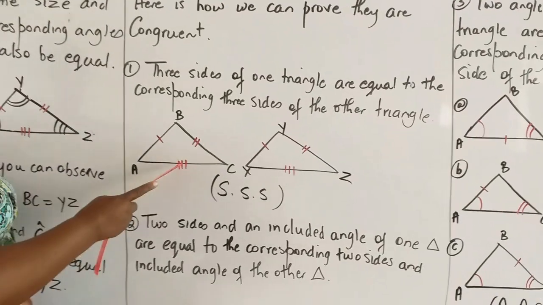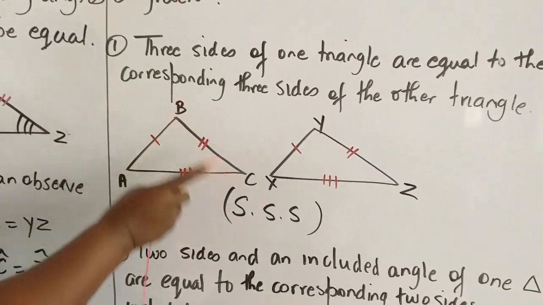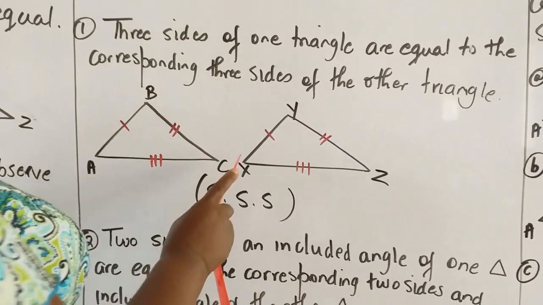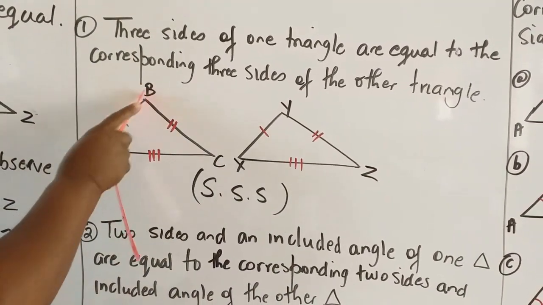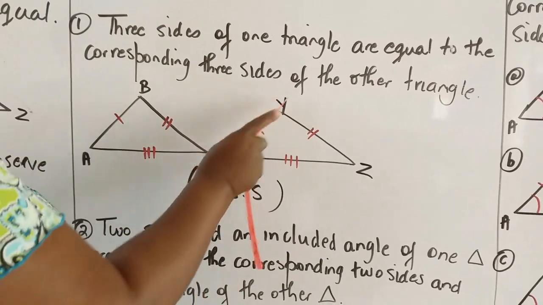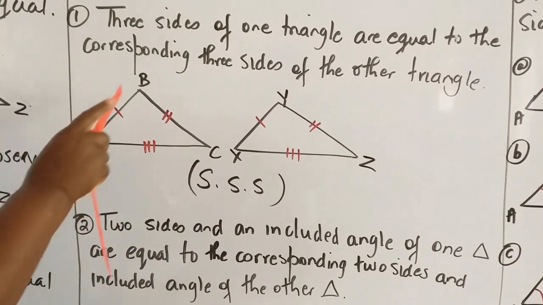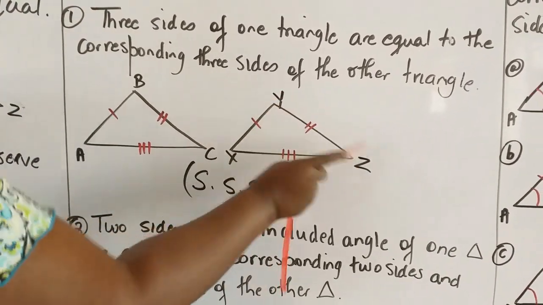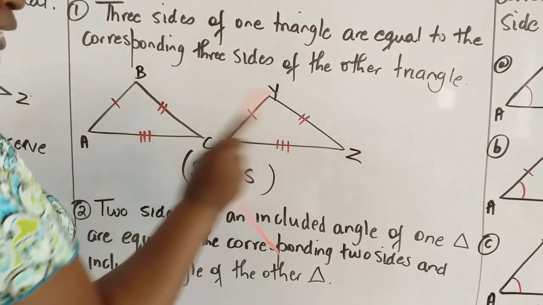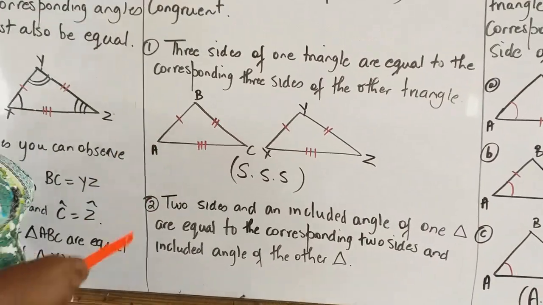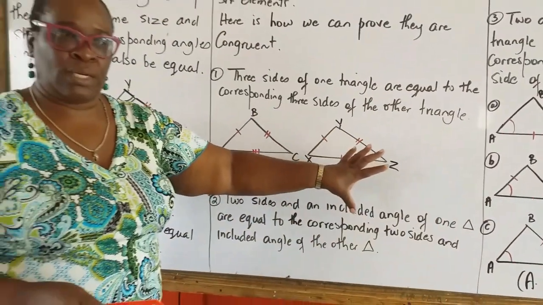We have triangle ABC and triangle XYZ. Side AB is equal to XY, with 1 stroke. BC is equal to YZ, with 2 strokes. And AC is equal to XZ, with 3 strokes. So the corresponding sides are equal.